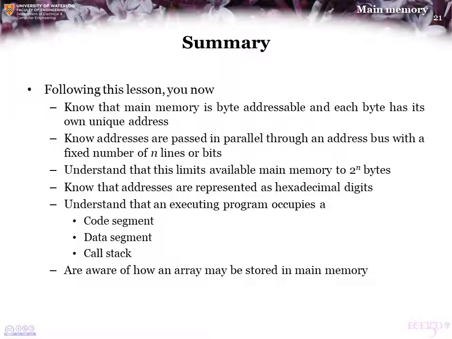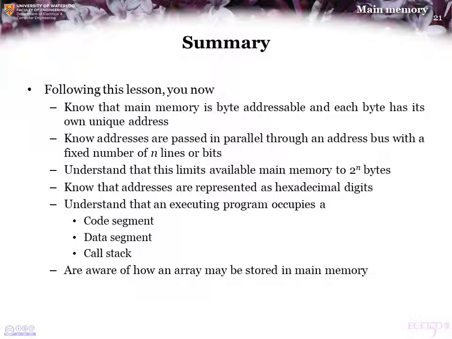So following this lesson, you now know that main memory is byte addressable. That means that each byte has its own unique address. Also, you know that the processor can access any one byte in main memory by sending an address in parallel through an address bus, and that address bus has a fixed number of n lines capable of simultaneously sending n bits.